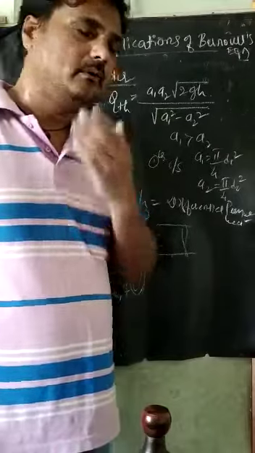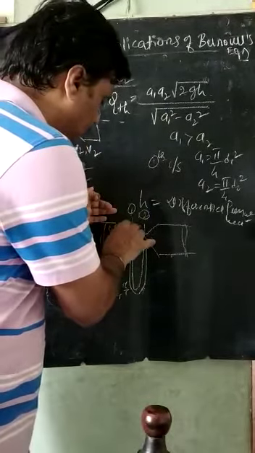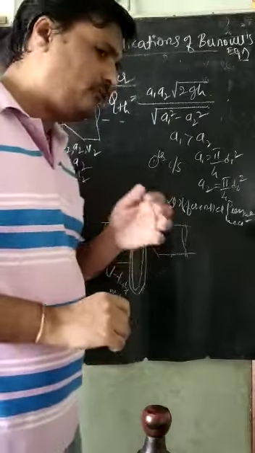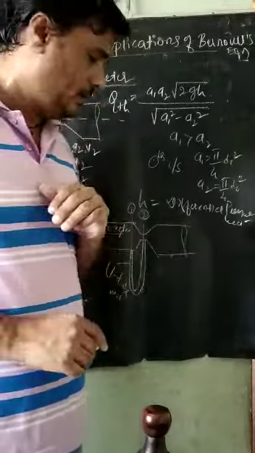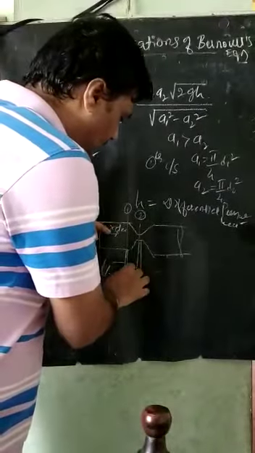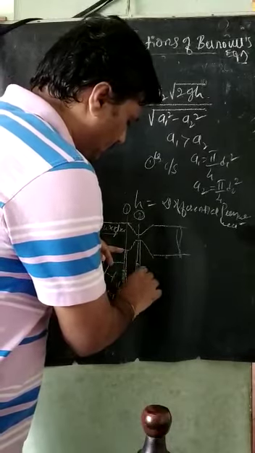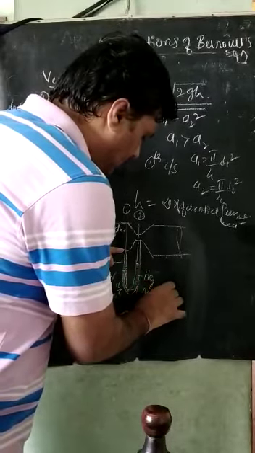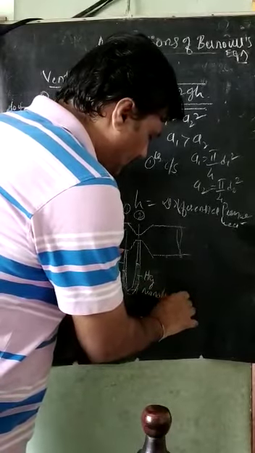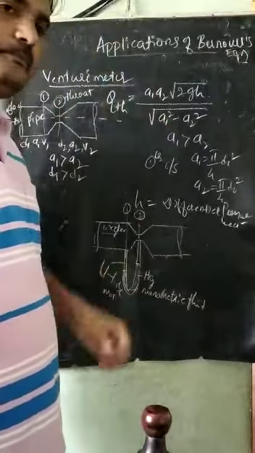For example, if water is flowing in the pipe, the manometric fluid is usually taken as mercury. So mercury, Hg, is taken as the manometric fluid.